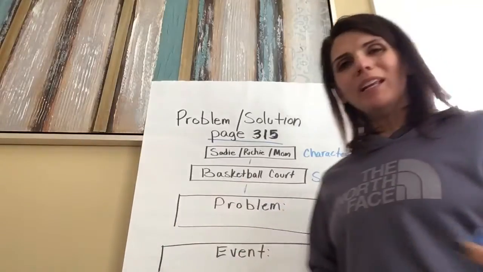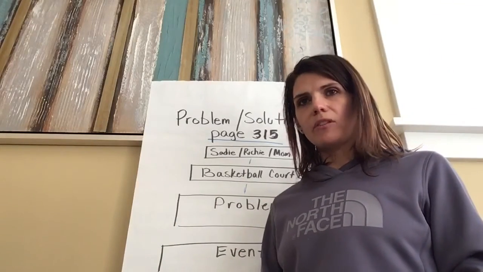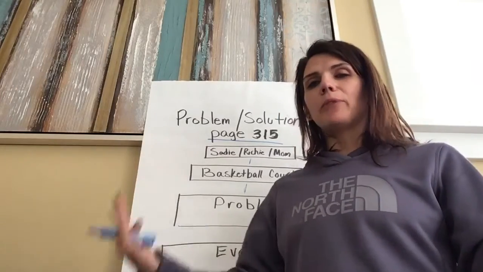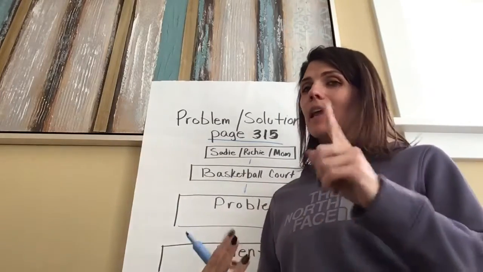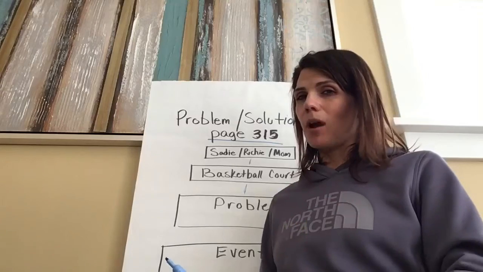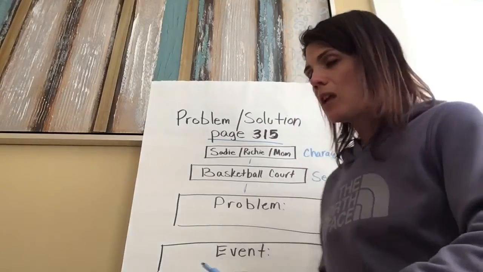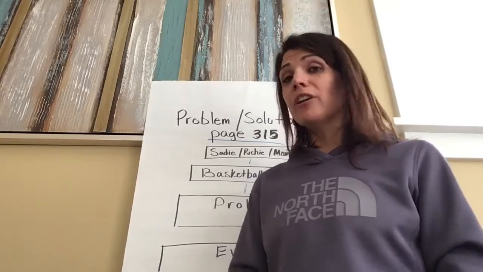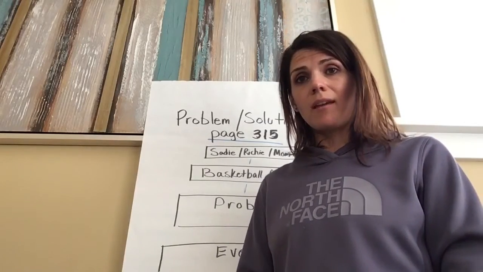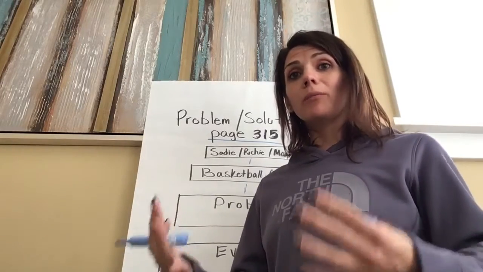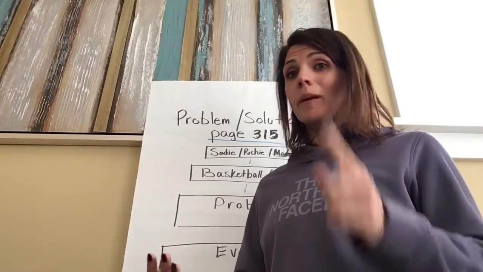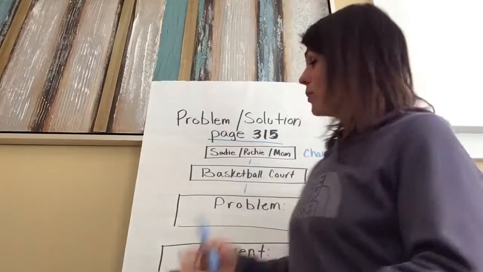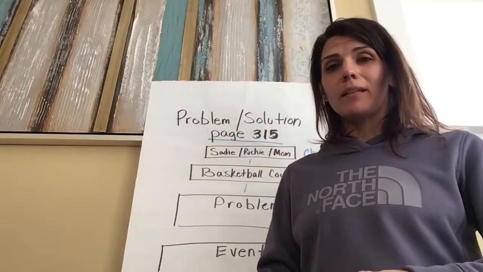So, what is the problem in this story? Yesterday, we talked about how Sadie and Richie were a lot alike, and that is very important to this problem, isn't it? Okay, so you have Sadie and Richie, and Sadie and Richie were very close for a brother and sister, weren't they? They both really loved sports, but in particular, they really loved basketball, which is how this story takes place.